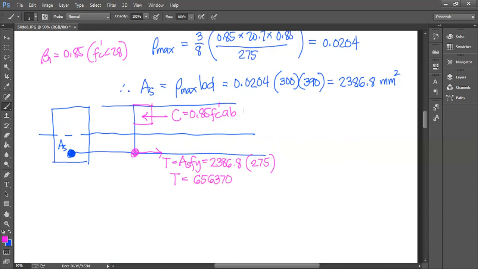So yung compression natin, since kailangan natin i-simplify ito, meron tayong 0.85 multiplied by 20.7 times 8 and yung base natin na 300. Compression is equal to 5278.5.